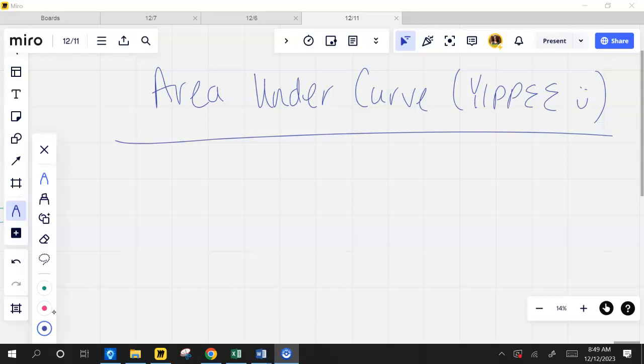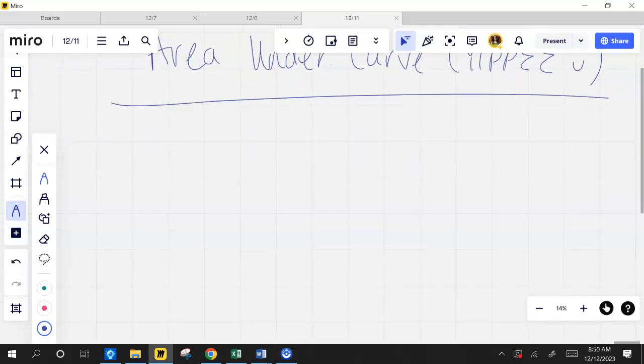This will stick with you. If I graph something like, let's say, you walk at a steady rate. And let's say you are walking, I don't know, let's say 2 miles per hour.